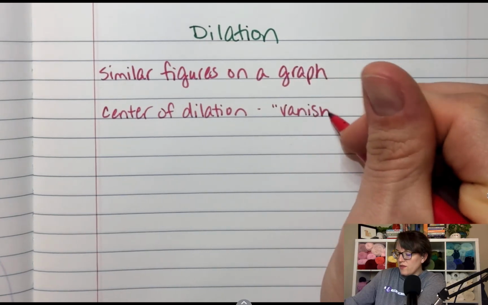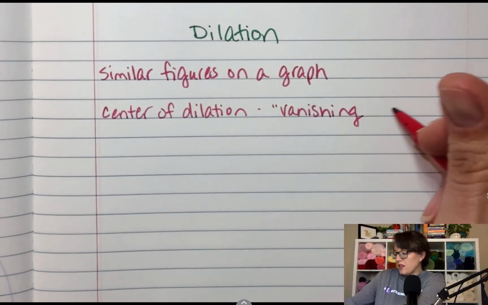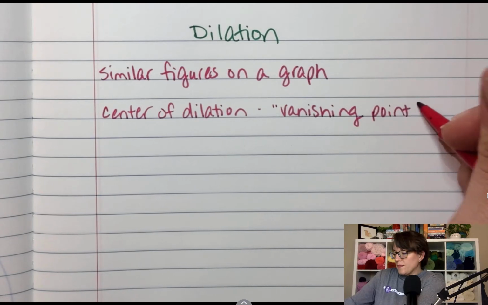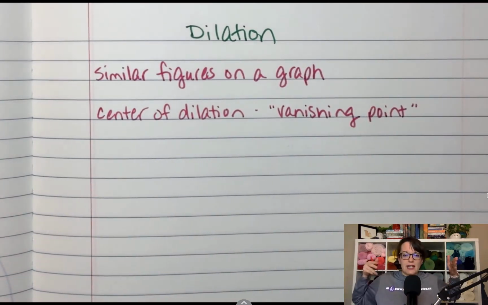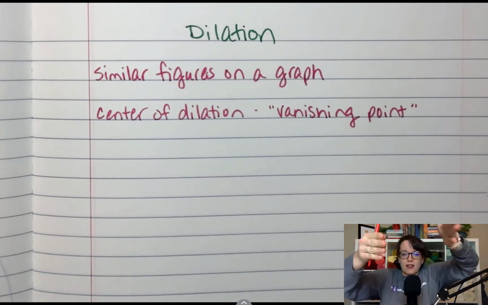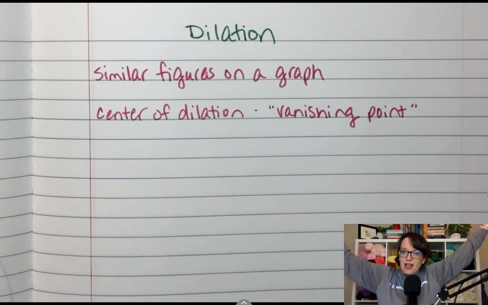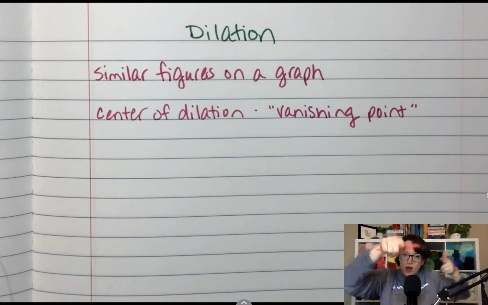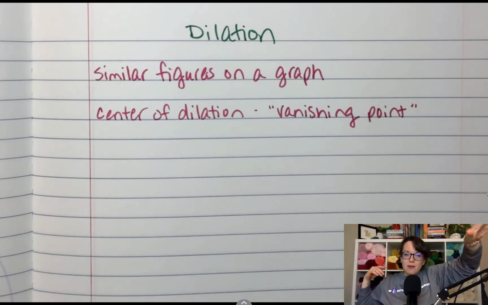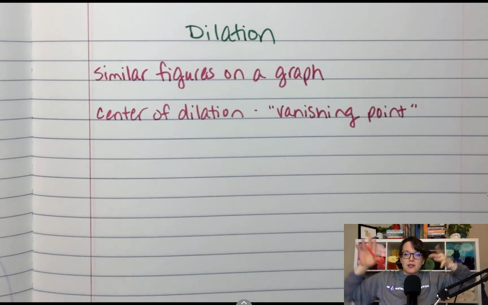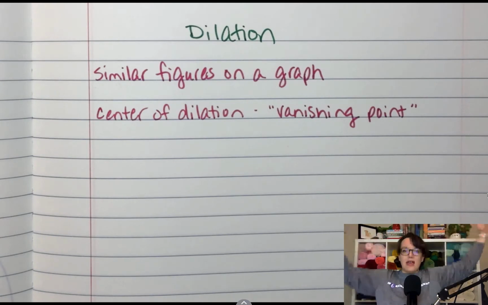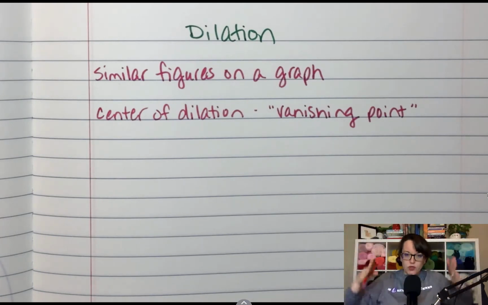For those of you who aren't in art, if you've ever looked at a painting where the street is kind of doing this as it goes down, there's this point where everything points to one spot in the middle. Sometimes it's off to the side, sometimes it's right in the middle, and everything angles towards that point. That's a vanishing point.